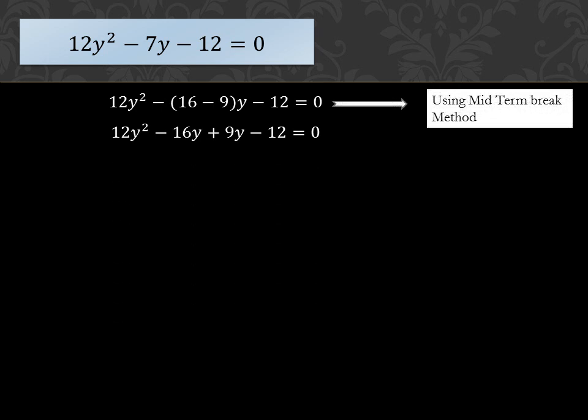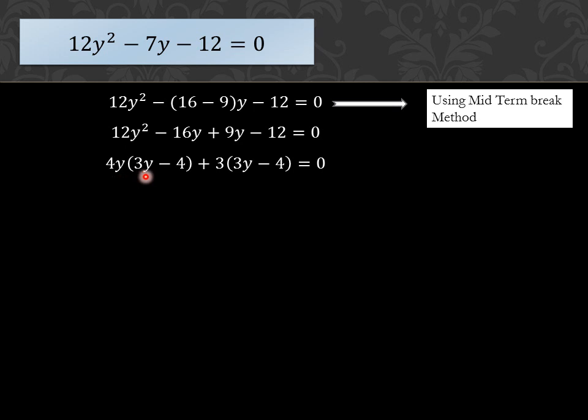The next step is to multiply y with the digits inside the bracket. As we had a minus sign outside the bracket, we have changed the sign of minus 9 to plus 9. We have taken common from the two terms. After taking common, from 12 and 16, 4 is common and y is common.